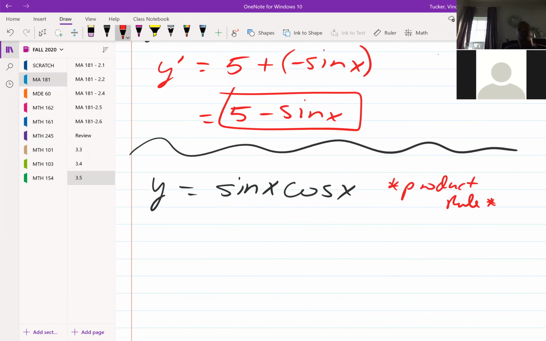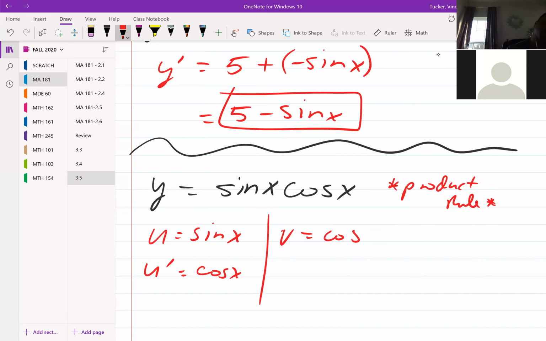All right, so here, I have to use the product rule again whenever we have two separate terms that we're multiplying together that we can take the derivative of. So u is going to be sine, derivative of u, cosine. v will be cosine, derivative of v is negative sine.